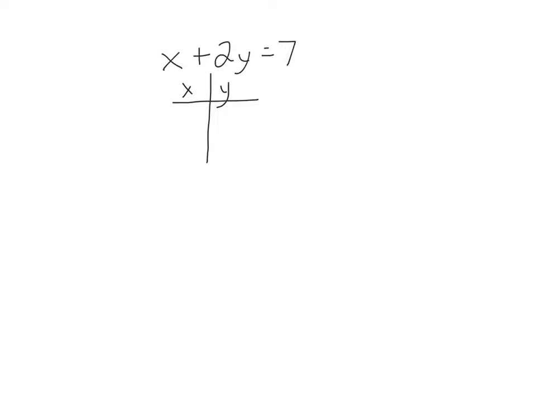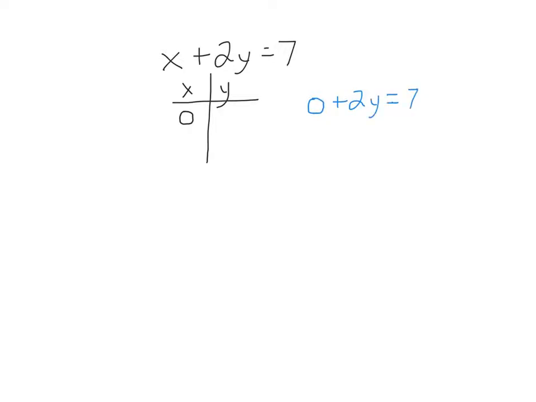For instance, if I say x is equal to 0, I need to replace the x in that original equation with 0. When I do that, instead of writing an x, I'm going to have 0. I have 0 plus 2y is equal to 7.